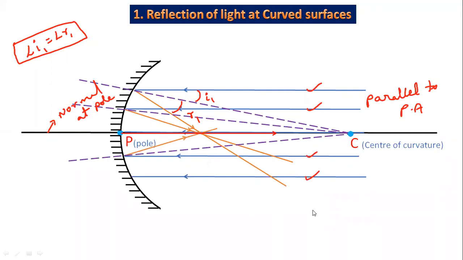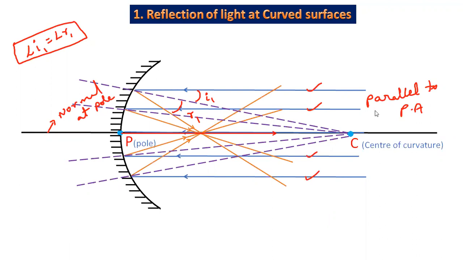Complete the reflected ray by measuring the angle of incidence and angle of reflection. Go for the fourth ray. Draw the normal, then measure the angle of incidence, recognize it as I4, then measure the same angle, equal to I4, as R4, then complete the reflected light ray.